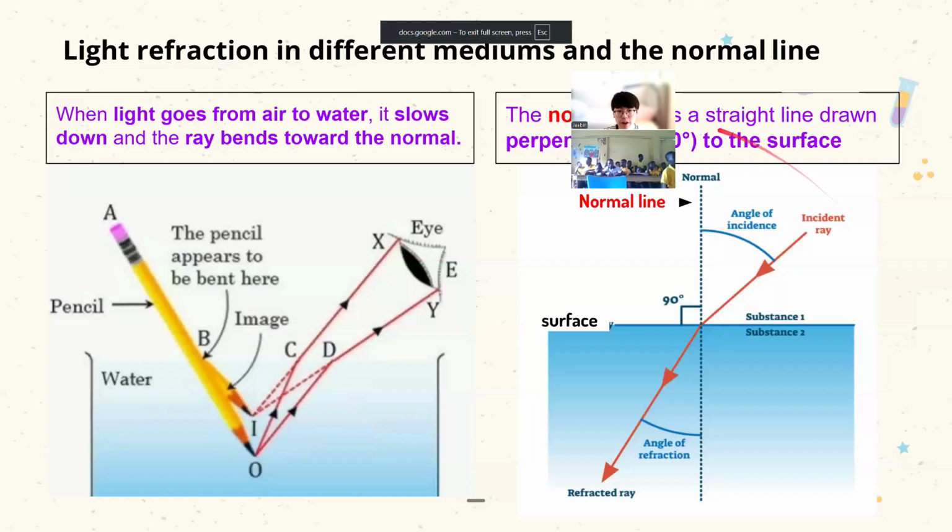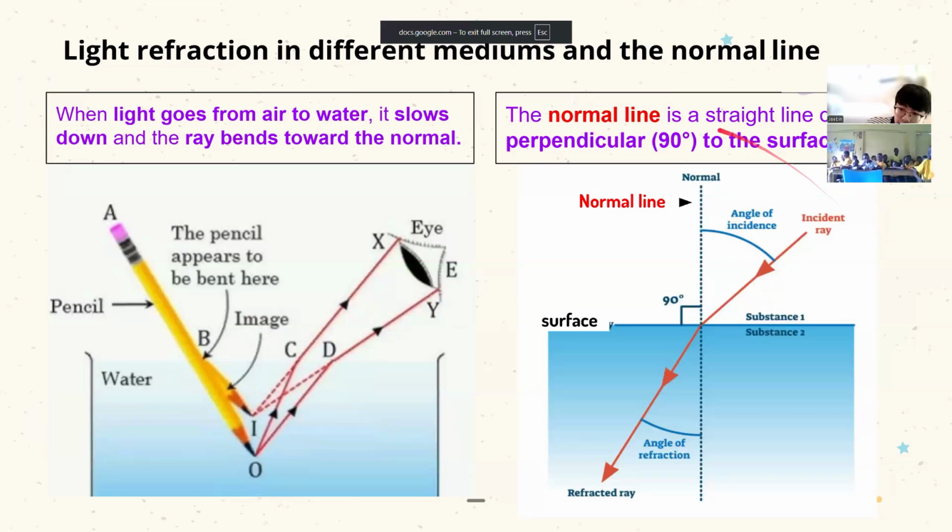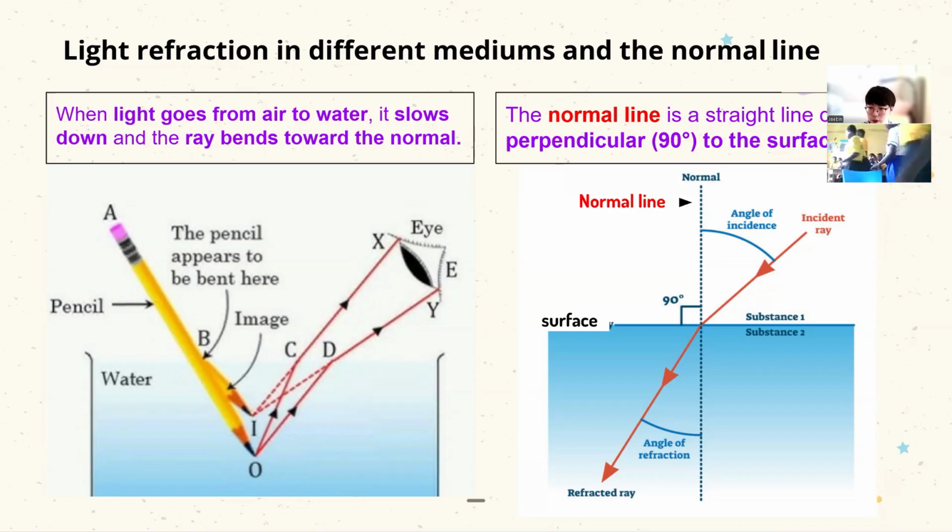So we've looked at how light refraction is different across mediums, and we have learned that it bends toward or away from the normal line. When light goes from air to water, it slows down because water is more dense. Different mediums, if you don't know what this term is, it's basically just a space where light or sound can travel.